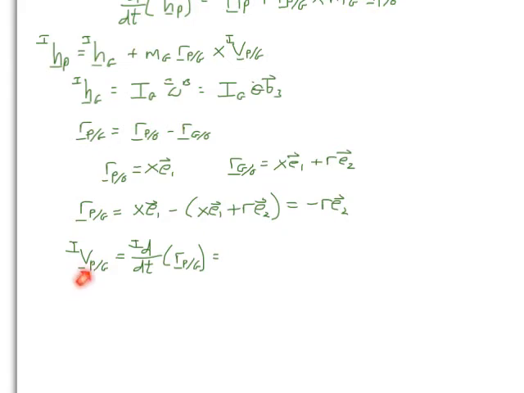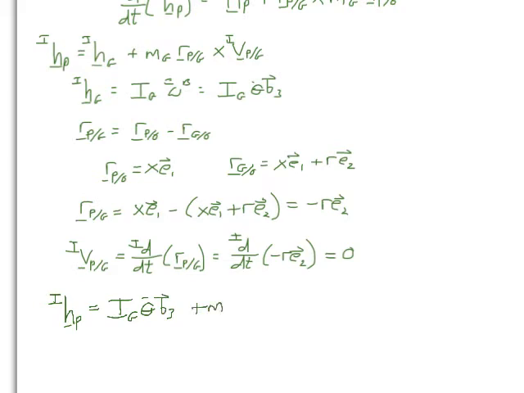So the next term that we need is the velocity of P with respect to G in the inertial reference frame. That's the time derivative of the position vector, and so it's the time derivative in the inertial reference frame of negative r in the E2 direction. And so the time derivative of negative r in the E2 direction is equal to 0. And this is a great finding, because when we substitute all this in, we get that the angular momentum about point P is equal to I G theta dot in the B3 direction, and then we're adding our mass multiplied times negative r E2, and we're crossing it with 0.